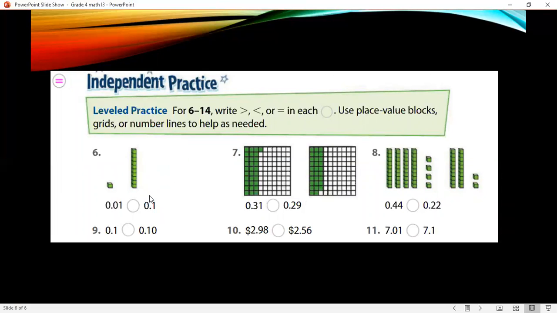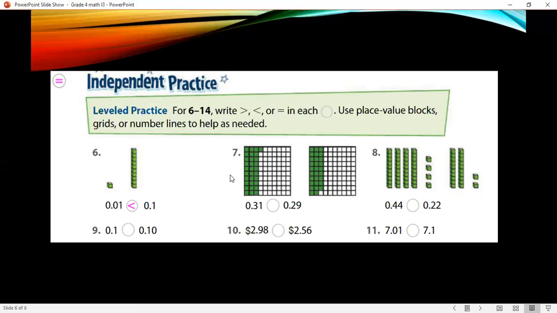Which one is smaller, 0.01 or 0.1? If I look at this, I can see that 0.01 is smaller than 0.1.